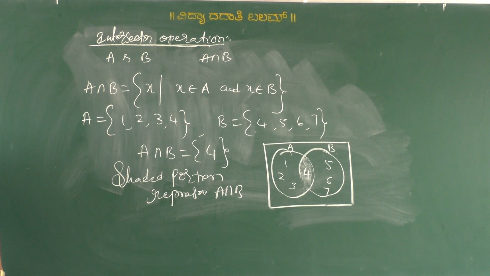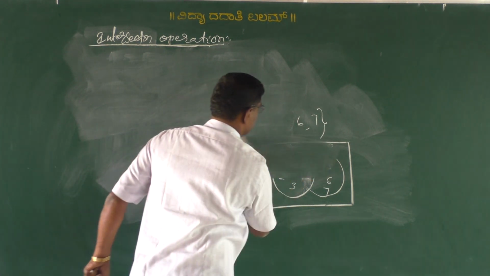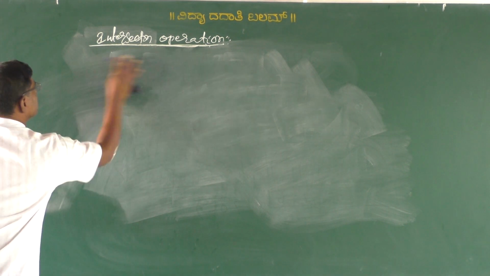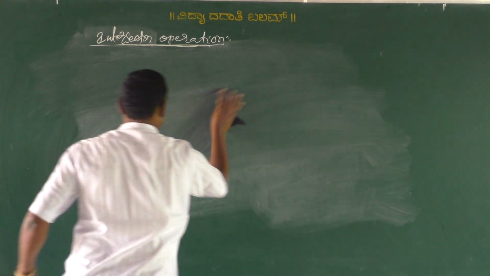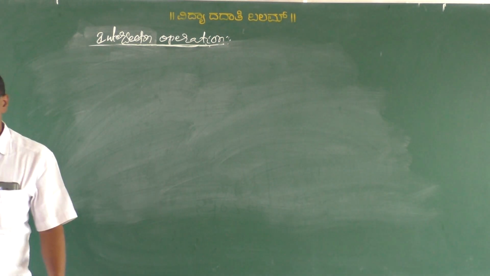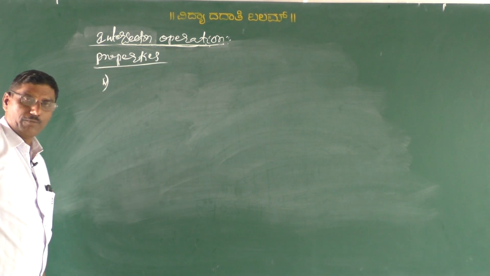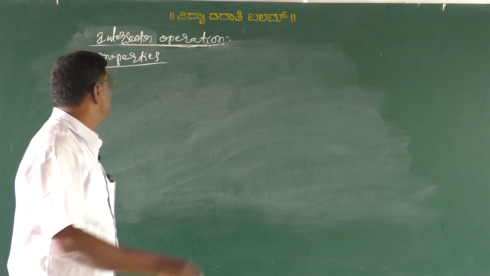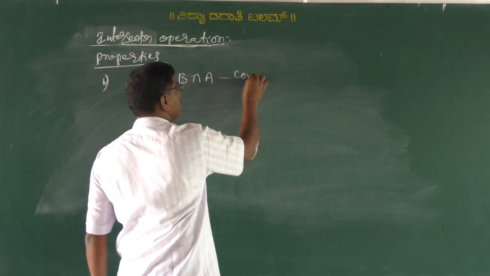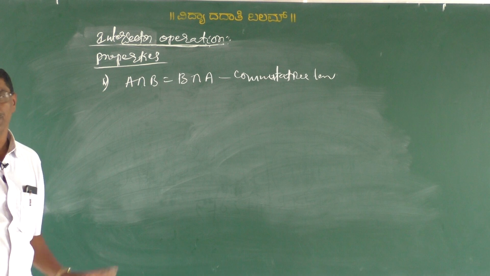Properties. The first property, same as what we discussed in union operation, is that A intersection B is equal to B intersection A, what we call the commutative law or commutative property, we can define it either way.